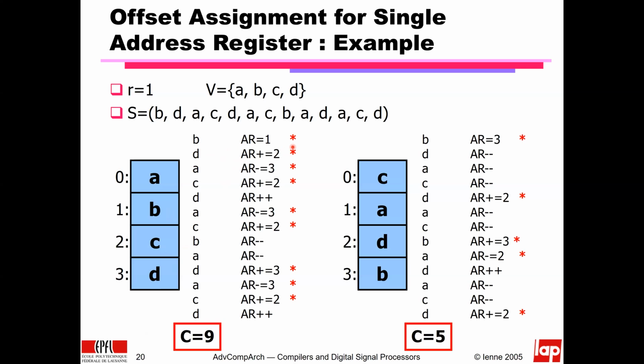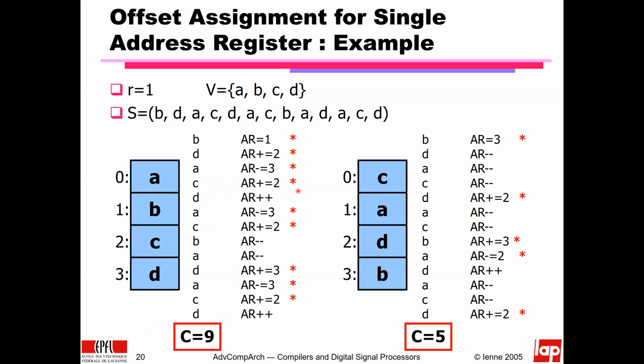Of course, it's not always the same case. For instance, if I am here, so let's make a jump here, if I just access C, and for accessing it maybe I paid, it doesn't matter, but I just accessed C, if the next access is to D, I could have just auto-incremented the address register that I had before, and the access to D is for free, in the sense that there is no loading of the address register, and so I don't pay the price.